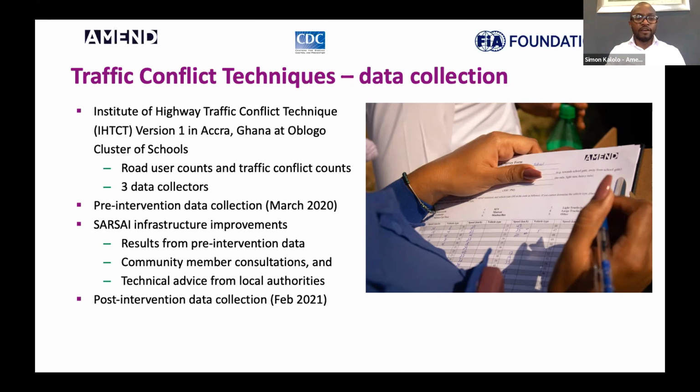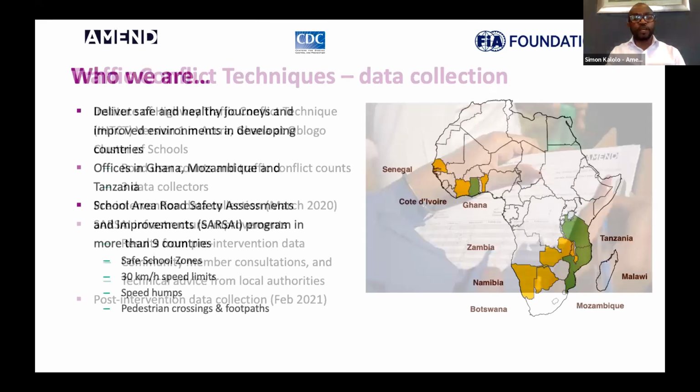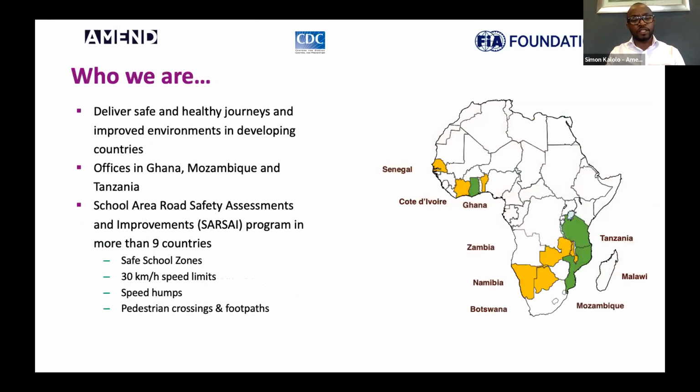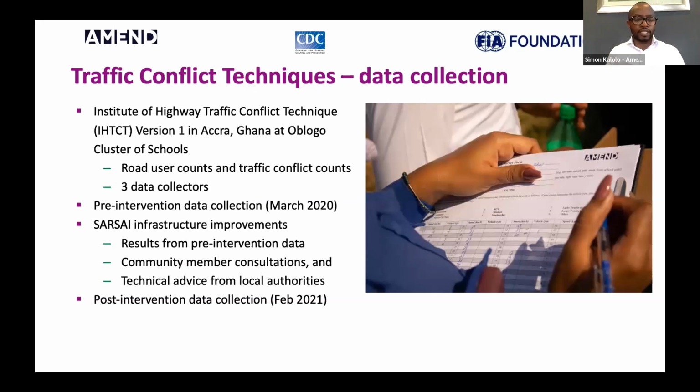As I said, we look at speed humps, pedestrian crossings, and footpaths separating pedestrians from the vehicles, so that at least we know once these improvements have been put in place, the risks have significantly reduced, as we'll see in the next slides.